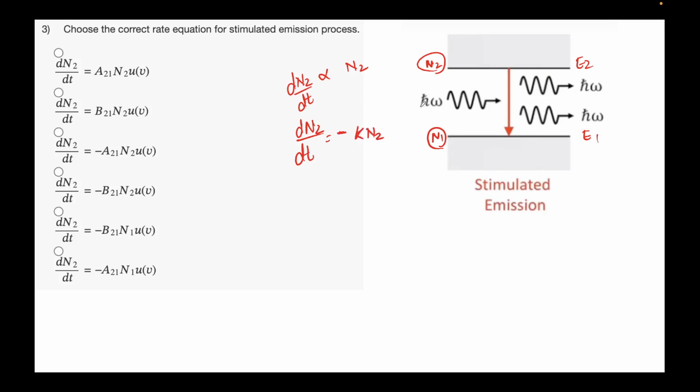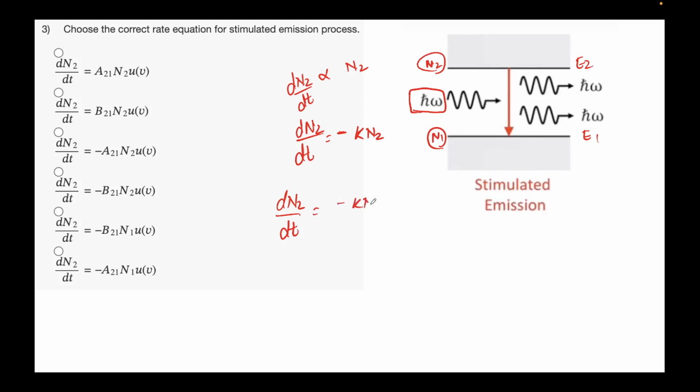Now we also have to take into account this value. We are denoting only one energy here. If we have many photons incident over here, how do we denote that? We denote it using something called spectral energy density.